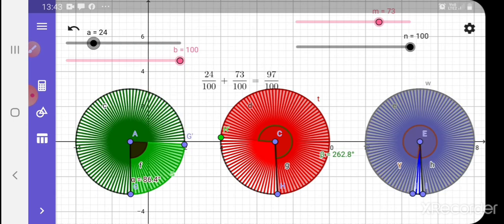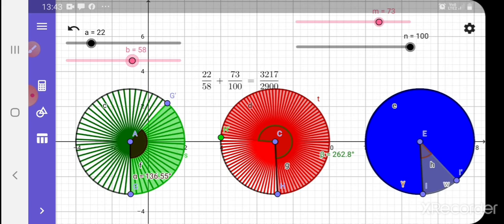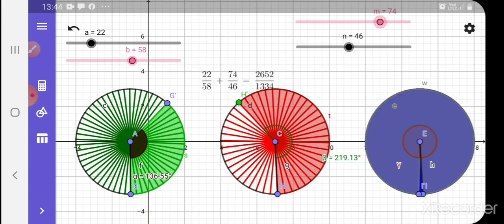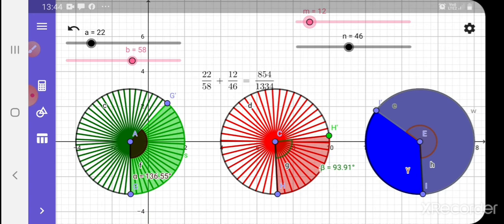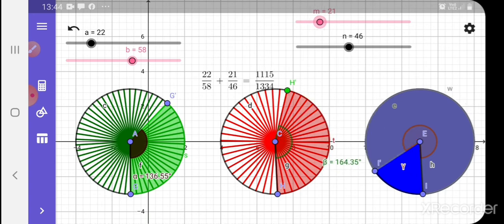Now I want to change the denominator into another form. See here 22 by 58 and the second one is similarly here.